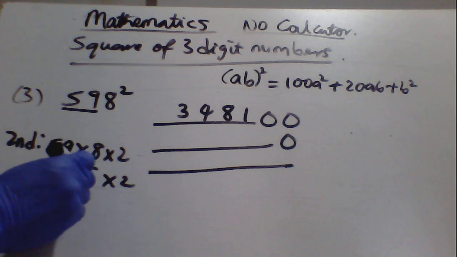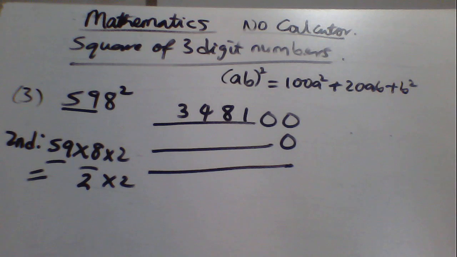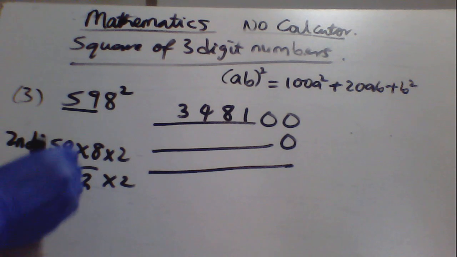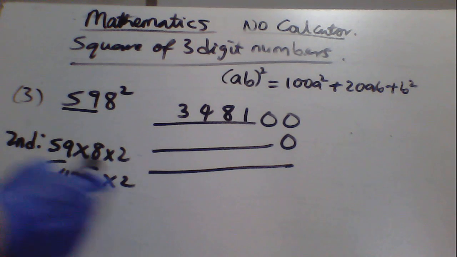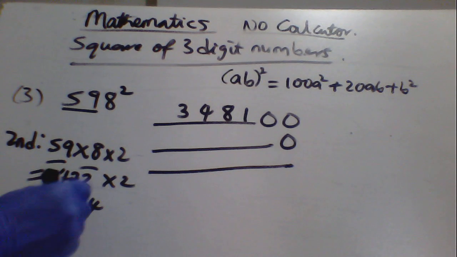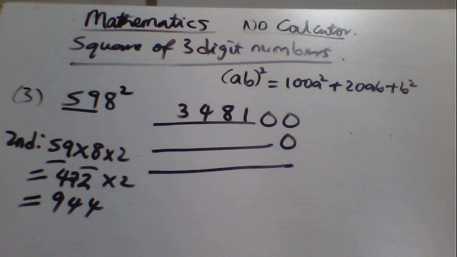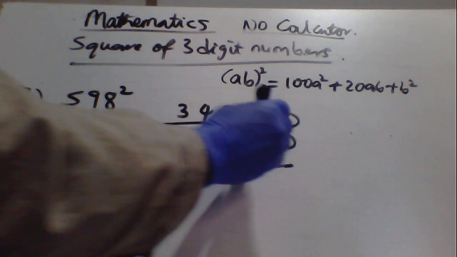Always start from the back. You write 2, carry 7. 8 times 5 will give us 40 plus 7 will give us 47. Then 2 times 2 will give us 4. 2 times 7 will give us 14. You write 4, carry 1. 2 times 4 will give us 8 plus 1, 9. So you have 944. You start from back to front.